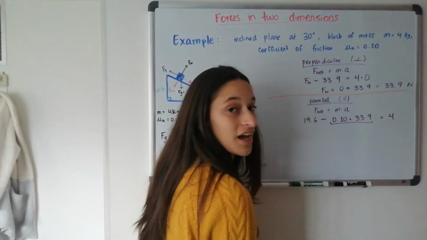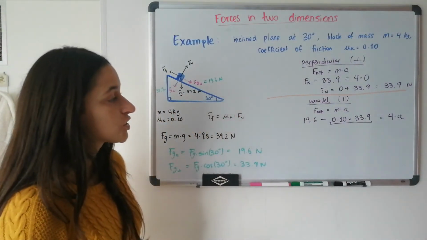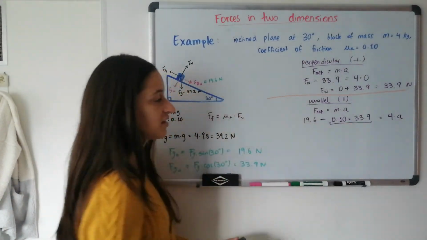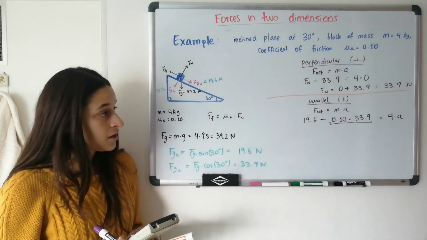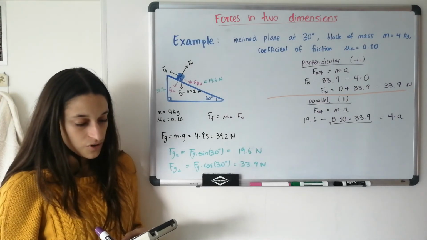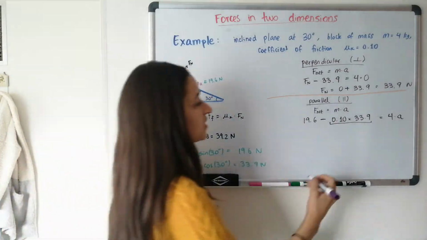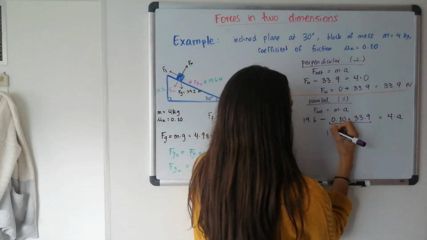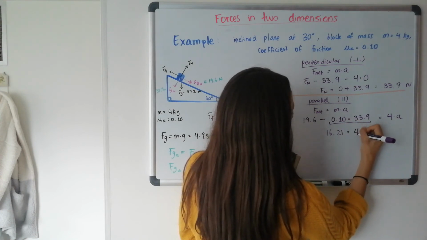And our acceleration, we have no idea yet, so we put it as A. So again, we have all numbers on this side, so we can solve that right now. So we get 19.6 minus 0.10 times 33.9, and we get 16.21. 16.21 is equal to 4A.